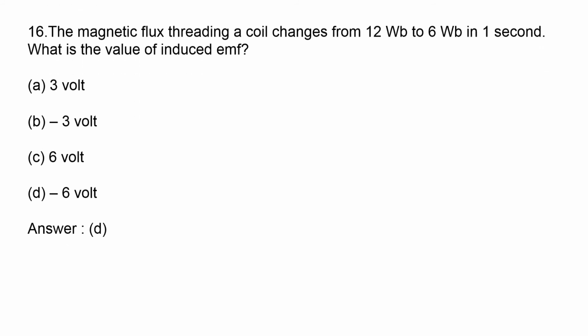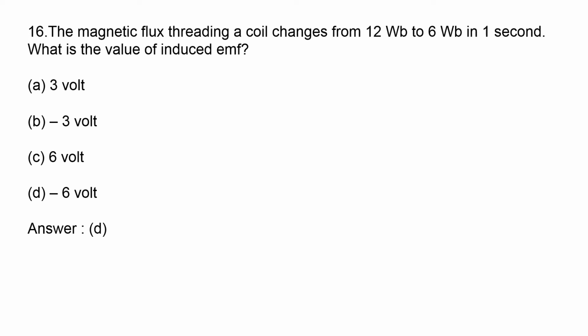Next question, 16th question. The magnetic flux threading a coil changes from 12 Weber to 6 Weber in 1 second. What is the value of induced EMF? Here the flux changes from 12 Weber to 6 Weber in time of 1 second. You know the formula from Faraday's law of electromagnetic induction, that is epsilon is equal to minus d phi by dt.